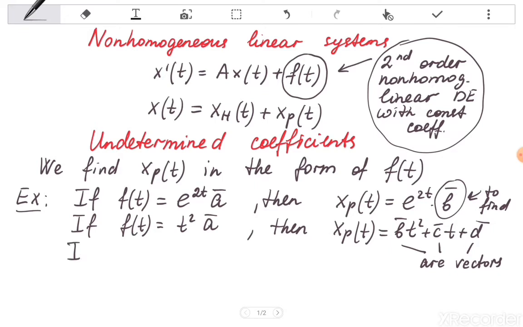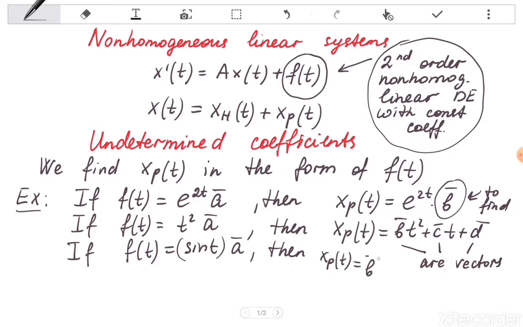If, for example, f of t is sine t times some vector a, then our particular solution will be b times sine t, but also we have to add cosine t. So similar to the case of linear differential equations. Okay, but sometimes our vector function f can have entries of different types.